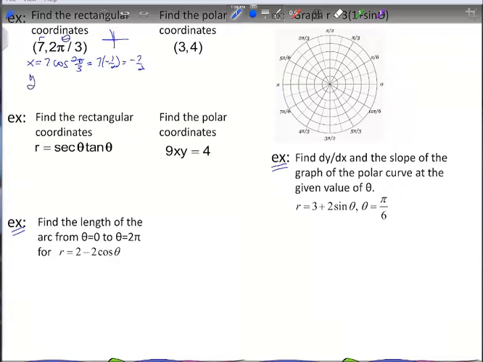Now let's work on the y coordinate. That's going to be 7, which is r, times sine of theta, sine of 2 pi over 3. So let's think about that same location. It's tall and positive, so that would be 7 times root 3 over 2, which is 7 root 3 over 2. So our new rectangular coordinate is negative 7/2 and 7 root 3 over 2.